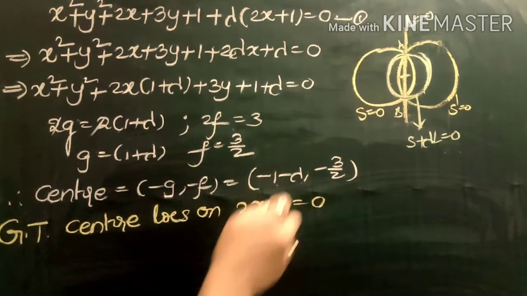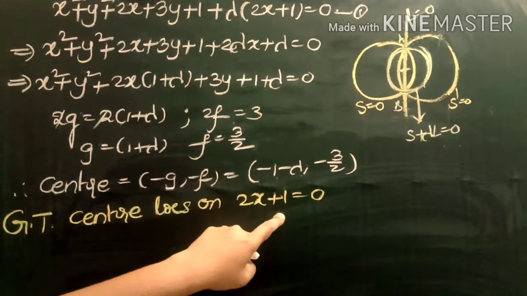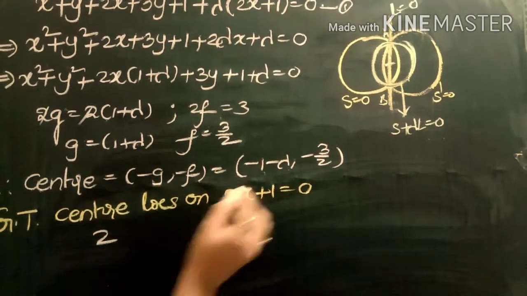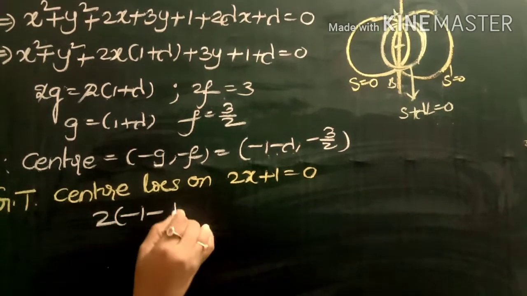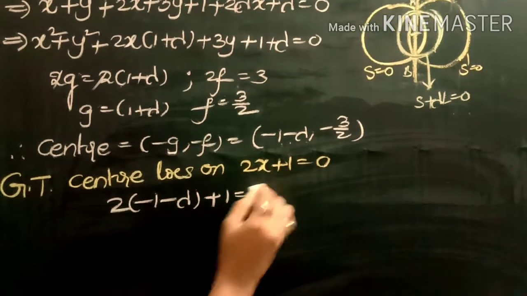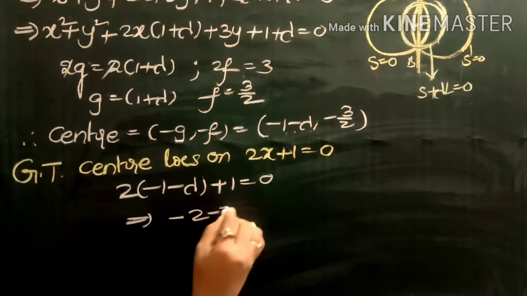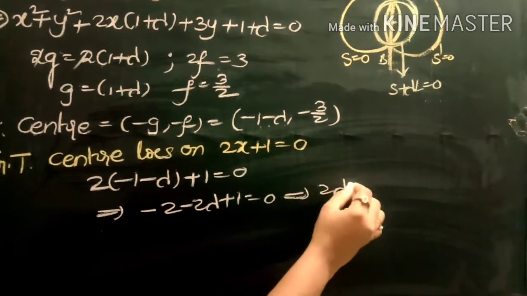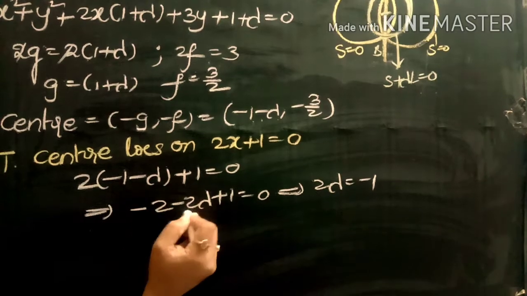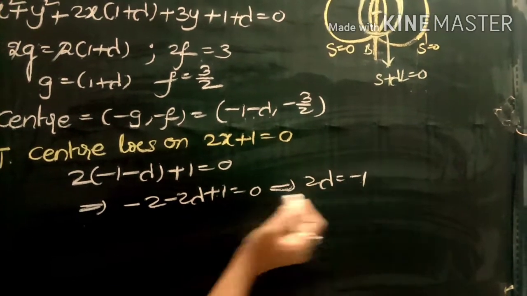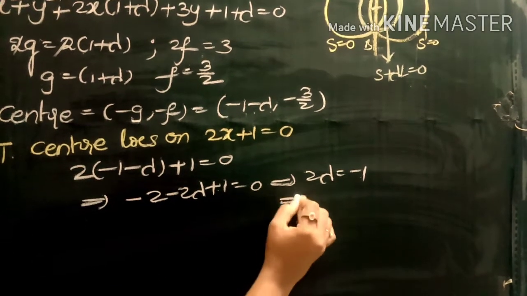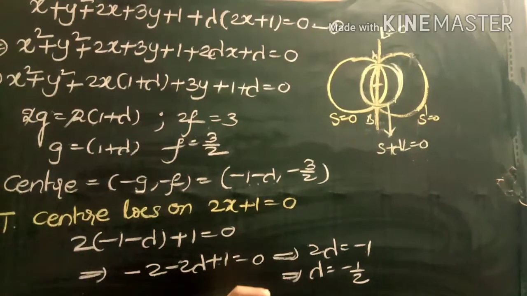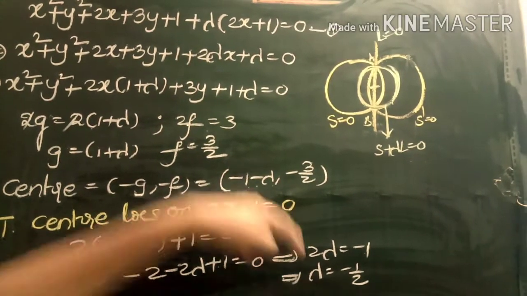Replacing the center in this equation: 2 into x value, x equals minus 1 minus lambda, plus 1 equal to 0, which implies minus 2 lambda plus 1 equal to 0. That is, 2 lambda equals minus 1, which implies the value of lambda is minus 1 by 2.